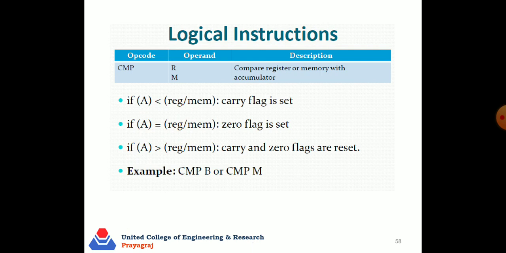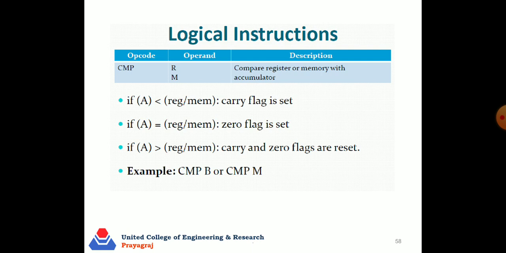First option: if A is less than B, that means the number in B is greater than the number in A. Let's suppose A has 5 and B has 6.